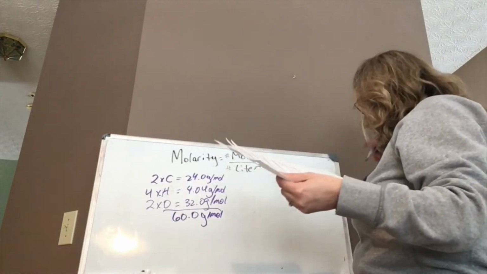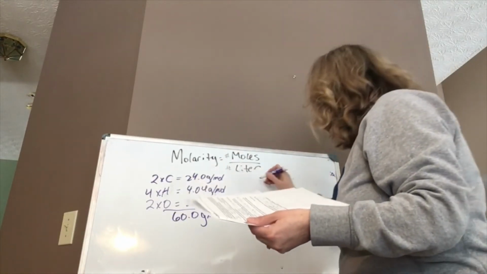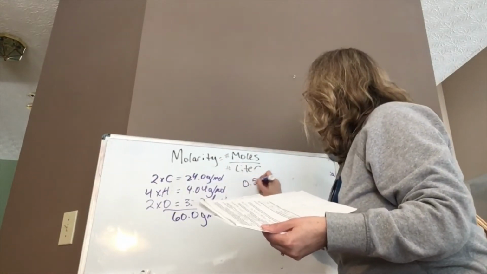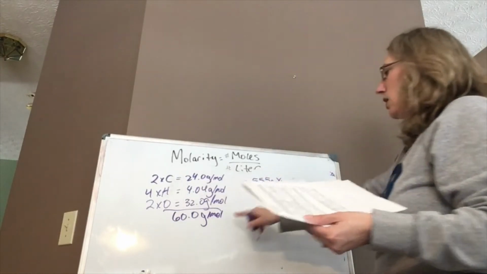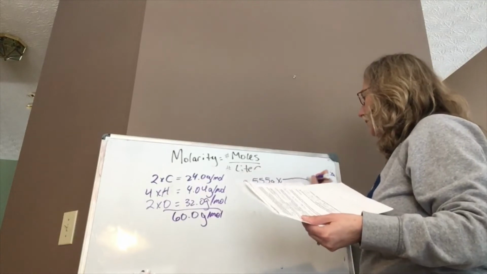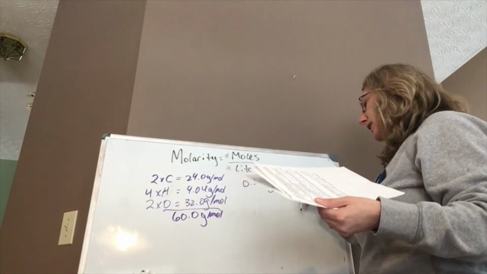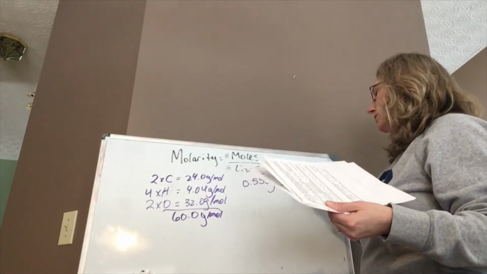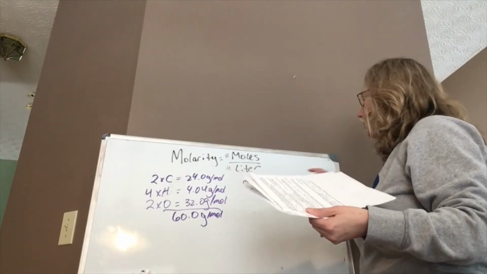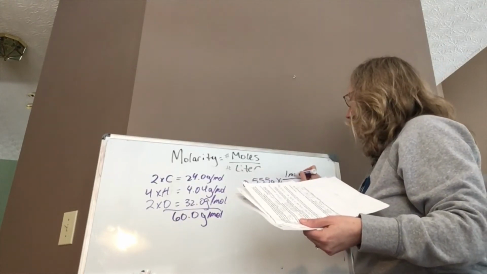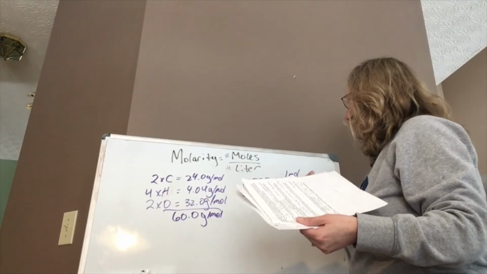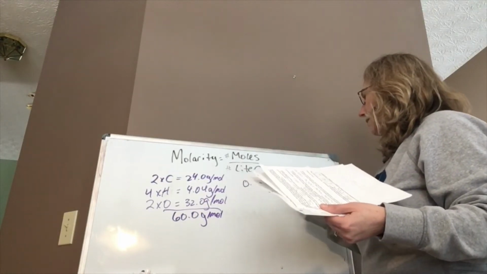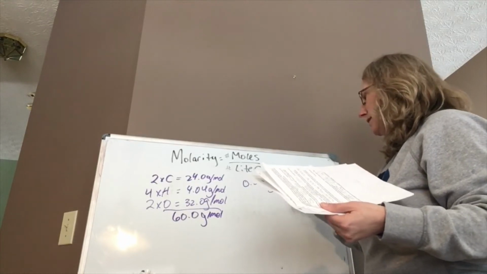So we take the acetic acid that we used, which we decided was 0.555 grams. We multiply that by how much 1 mole of it is, and we want the grams to cancel out on the bottom and the mole to be on the top, because that's the unit we want to go to. So in 1 mole of acetic acid, it is 60.0 grams. My grams are canceling out, so I'm going to divide by 60.